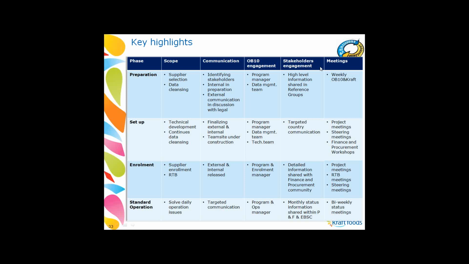I tried to put together a matrix to show you what we were focusing on: what was the scope for each phase, what type of communication we were releasing or preparing, what was the level of engagement with our partner OB10, what was the stakeholder engagement, and how frequently we were meeting, and what type of meetings we actually had.